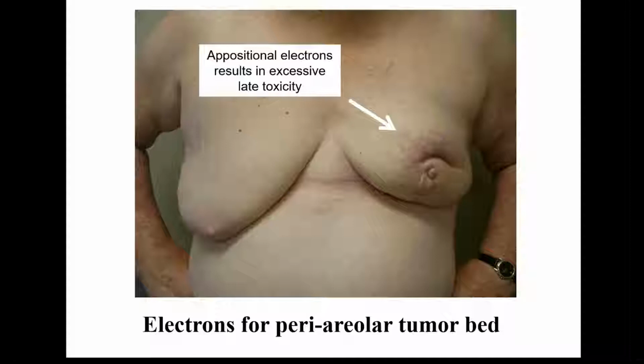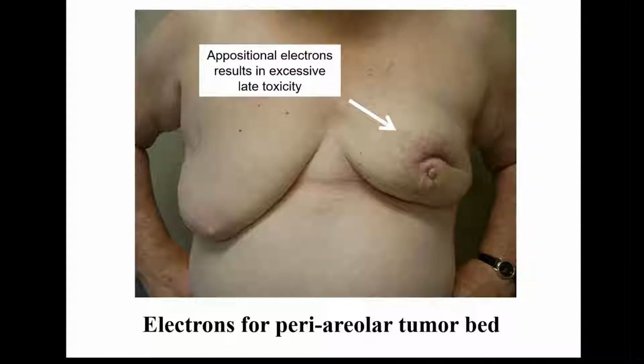And here's a case that was treated with appositional electrons. And you see less than optimal cosmetic outcome, some scarring around the nipple with puckering of the nipple. But more importantly, I think from the patient's perspective, high dose of radiation to the nipple-areolar complex is not well tolerated. These patients are symptomatic for forever after that treatment.